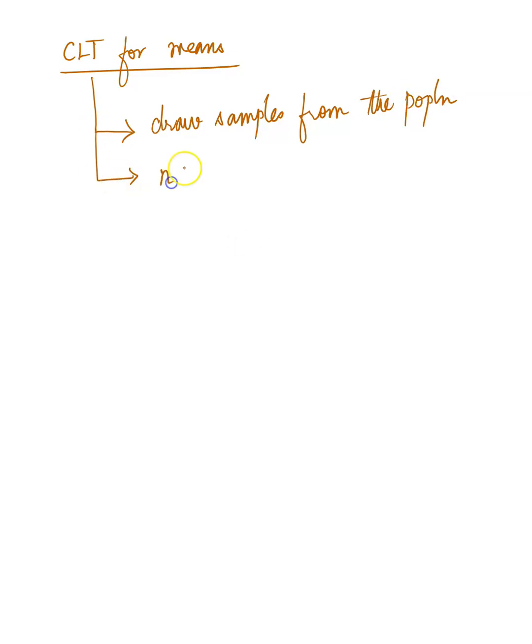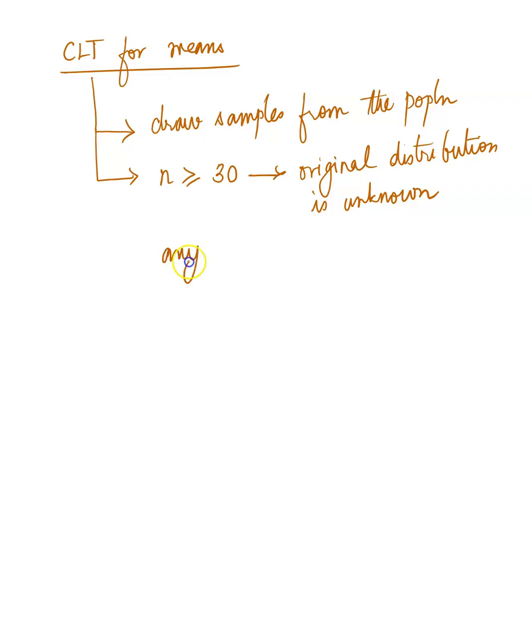When we say large enough, we want it to be greater than or equal to 30 if the original distribution is unknown. And the sample size can be basically any size if you have the assurance that the original distribution is normal.